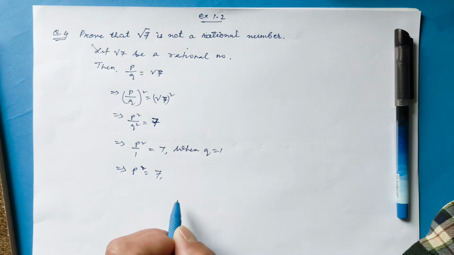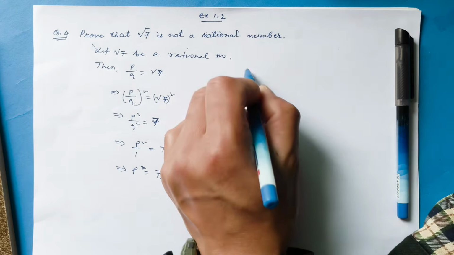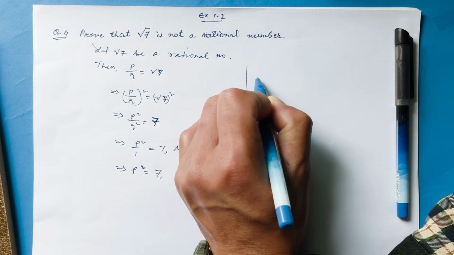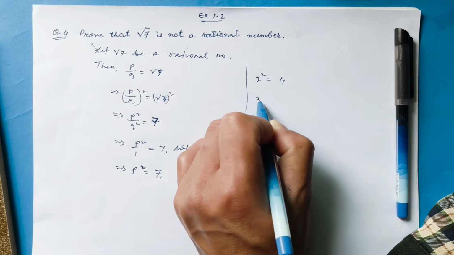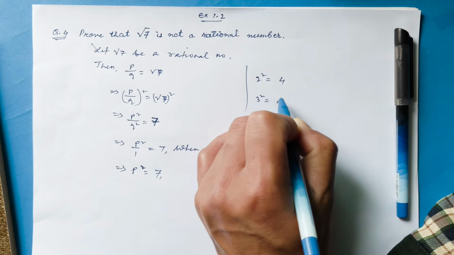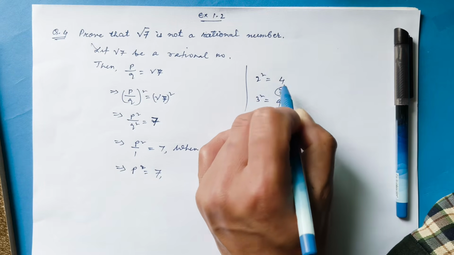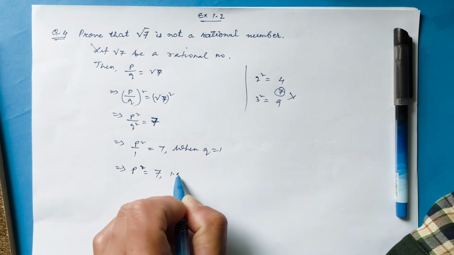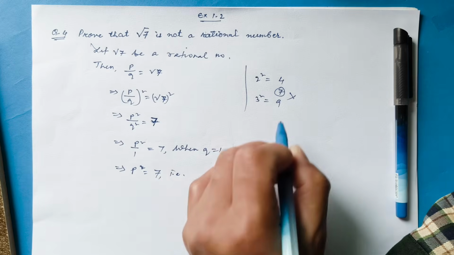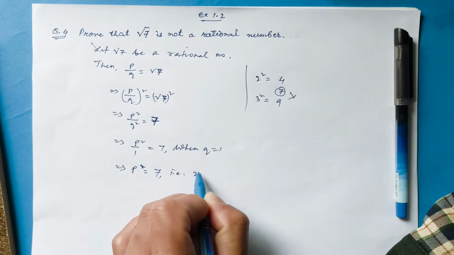Let us see, is there any rational number whose square is 7? 2 square equal to 4, 3 square equal to 9. So there is no rational number whose square is 7. 7 lies between 2 square and 3 square.